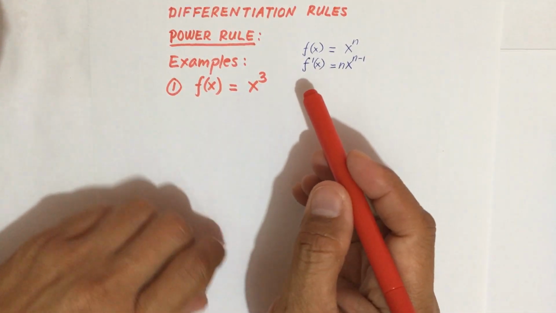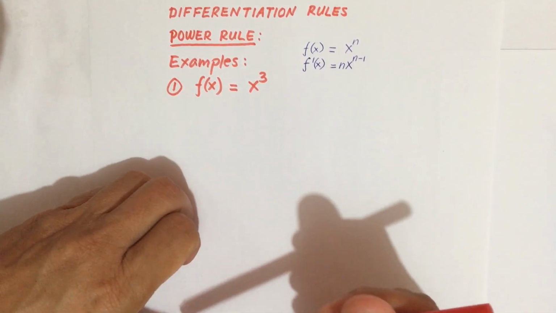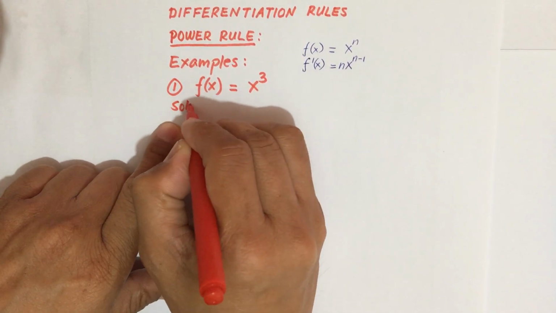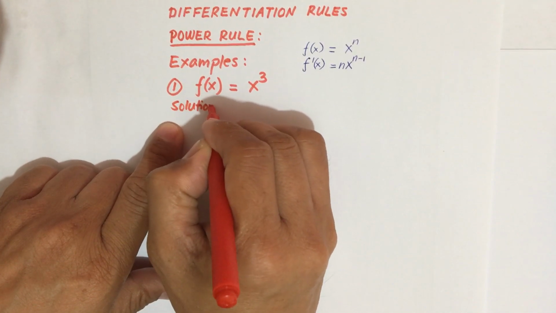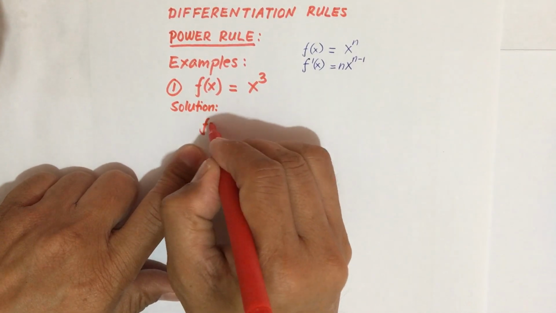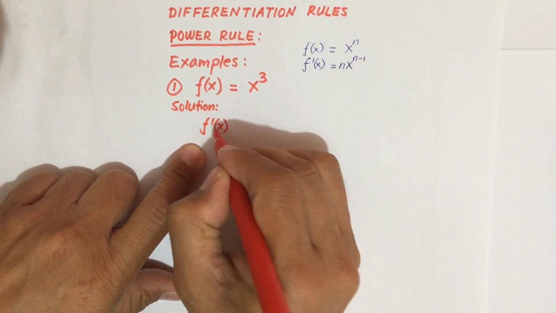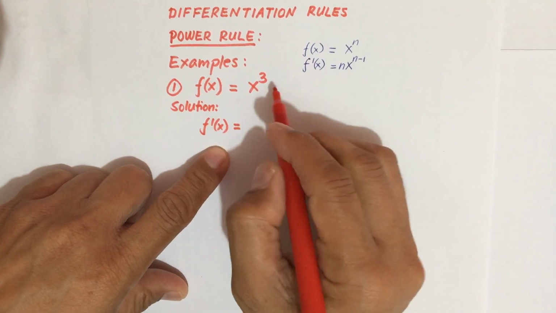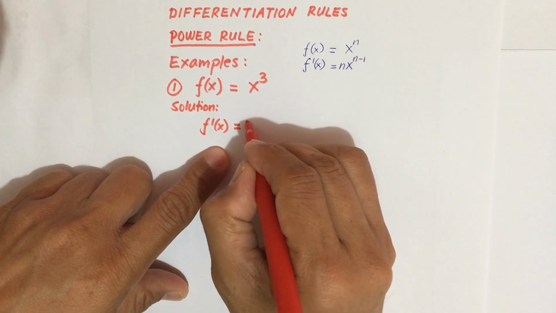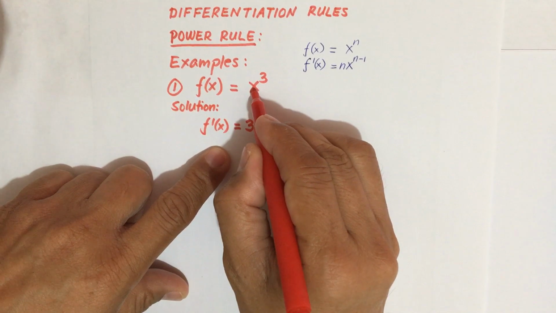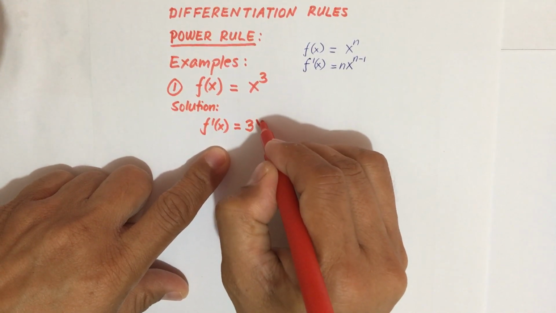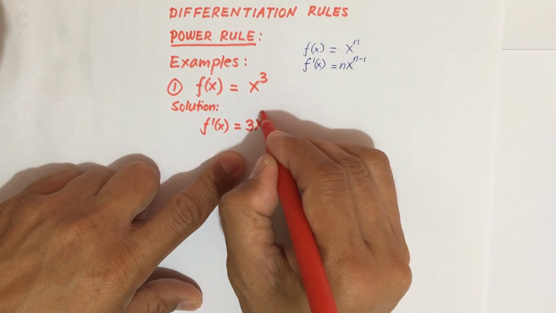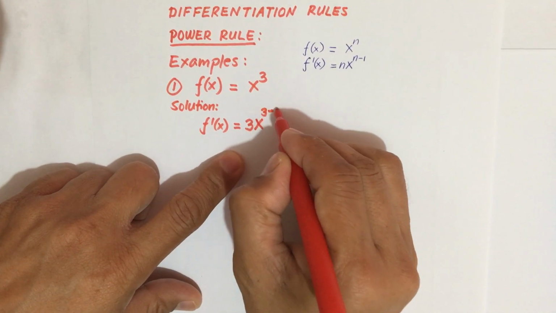Using this power rule, this is now our solution. The derivative of the function f of x: the power will go down, so we have 3, multiplied by the base, which is x, and then you subtract 1 from the exponent.